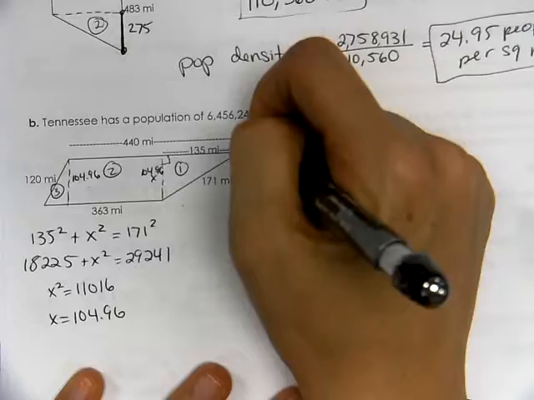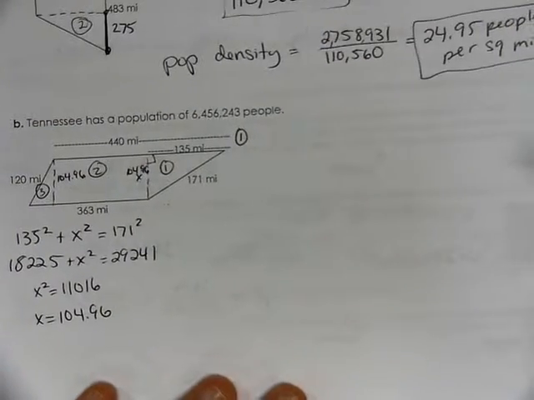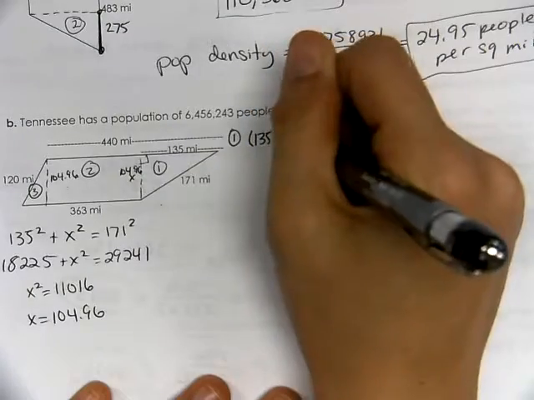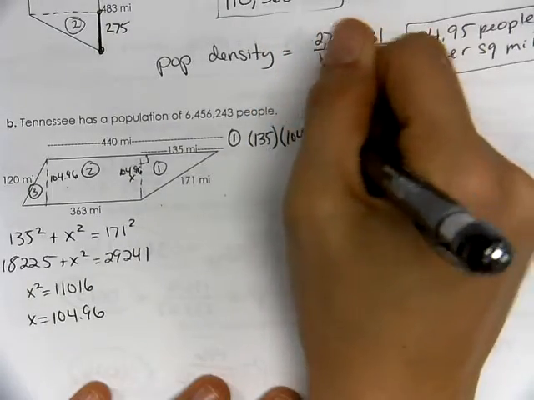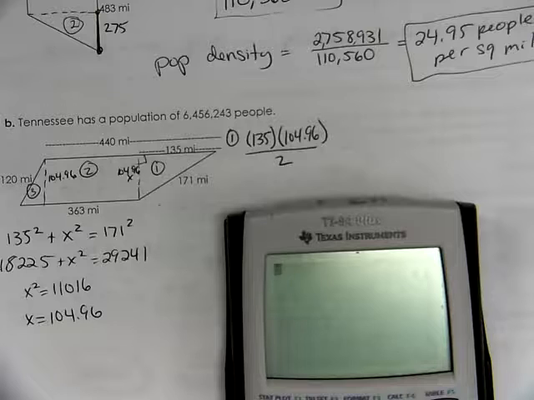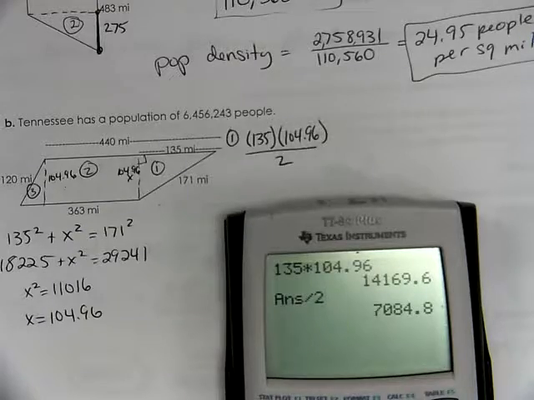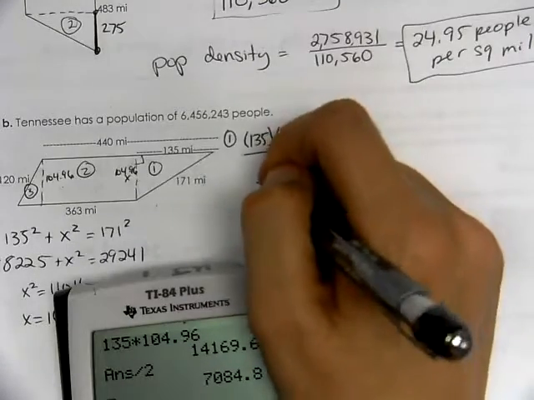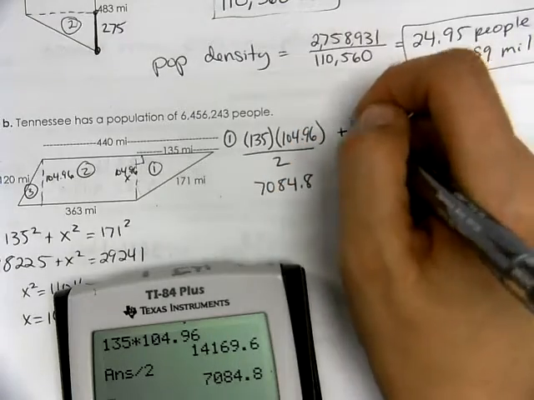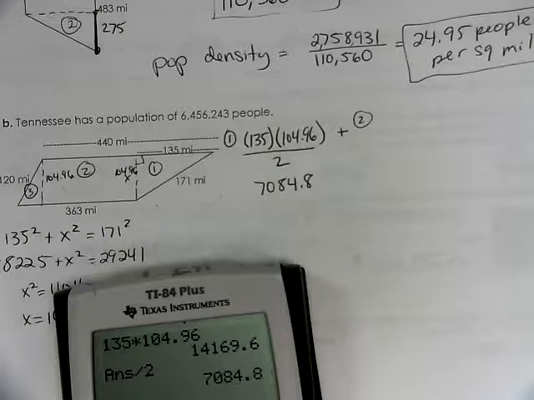So, my first triangle, base times height divided by 2. So 135 times 104.96 divided by 2 is 7,084.8.